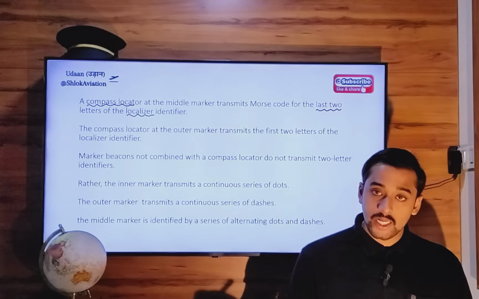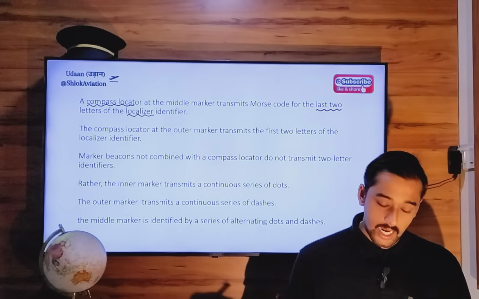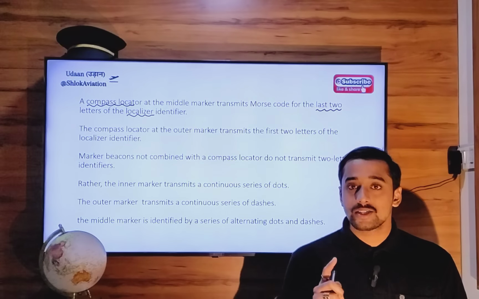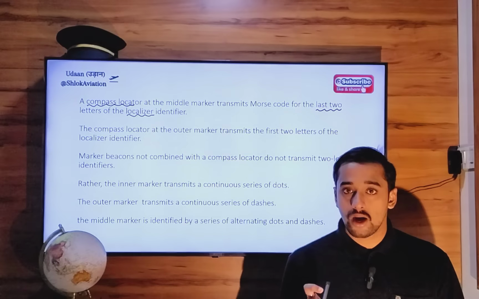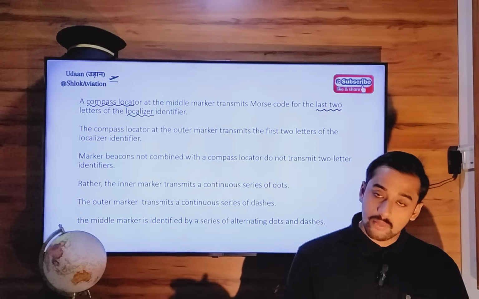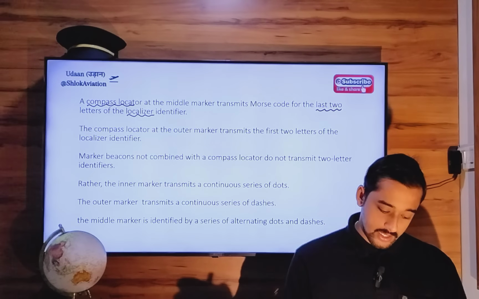The compass locator at the outer marker transmits the first two letters of the localizer identifier. So remember, compass locator at the outer marker transmits the first two letters. The compass locator located at the middle marker transmits the last two letters. Marker beacons not combined with a compass locator don't transmit two-letter identifiers.